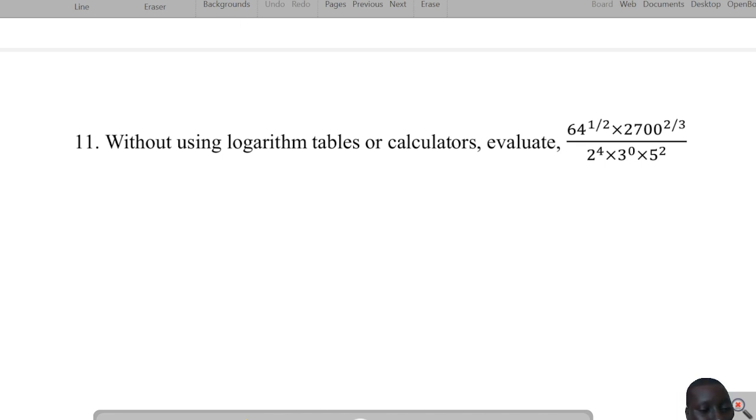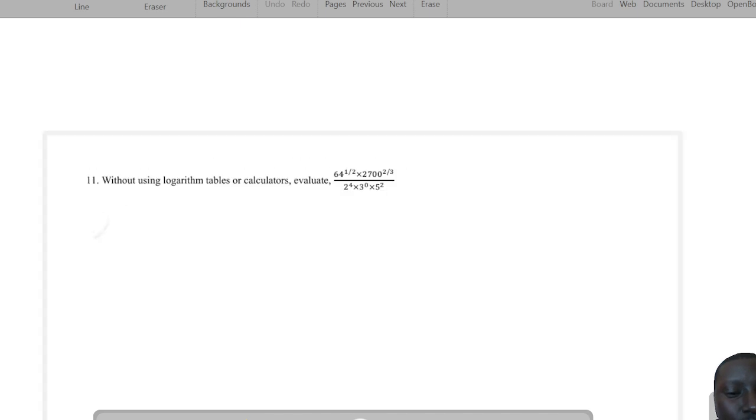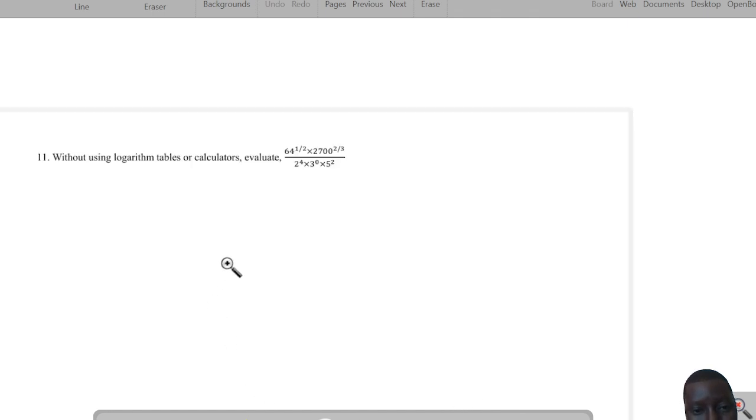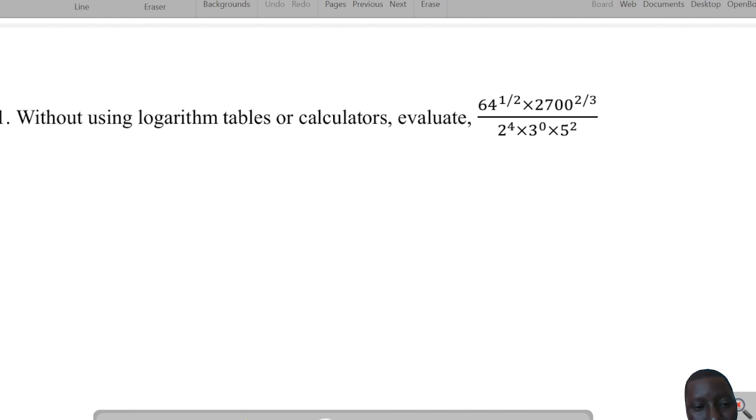We know that 64 is basically the same as 2 to the power of 6. So class, now instead of me writing 64, I'll simply write 2 to the power of 6, then into a half.